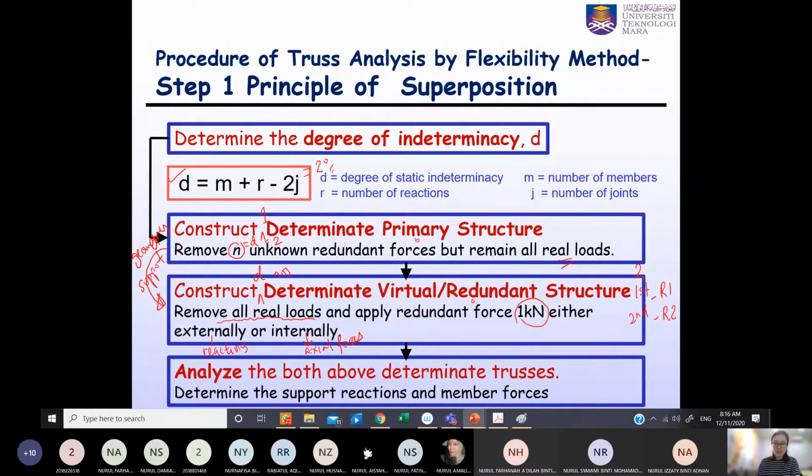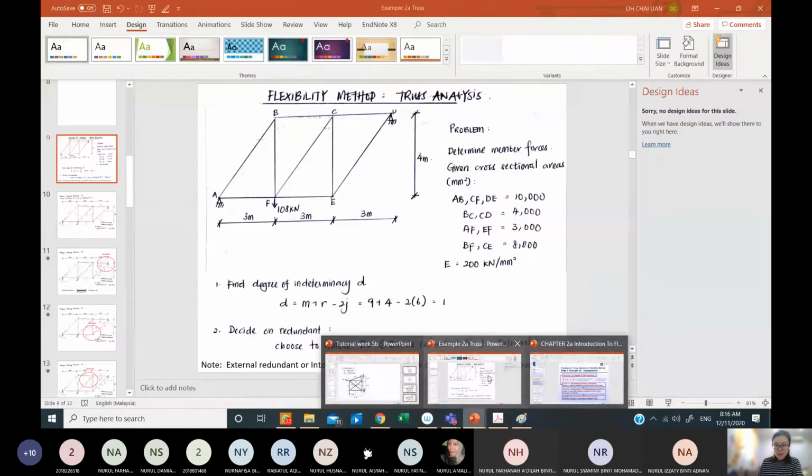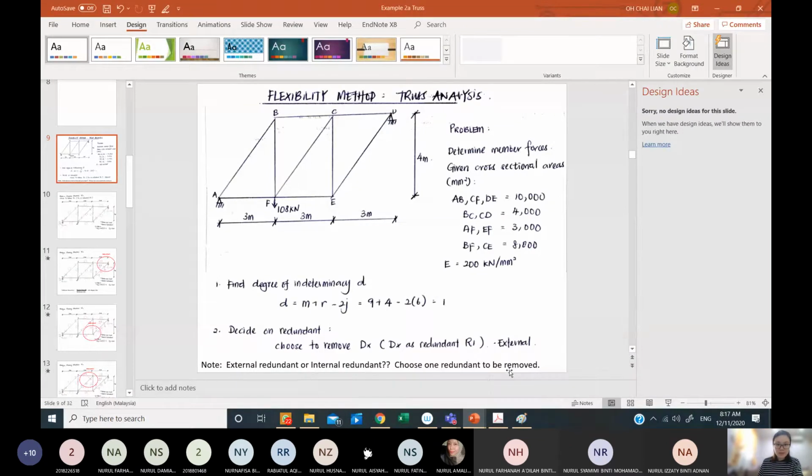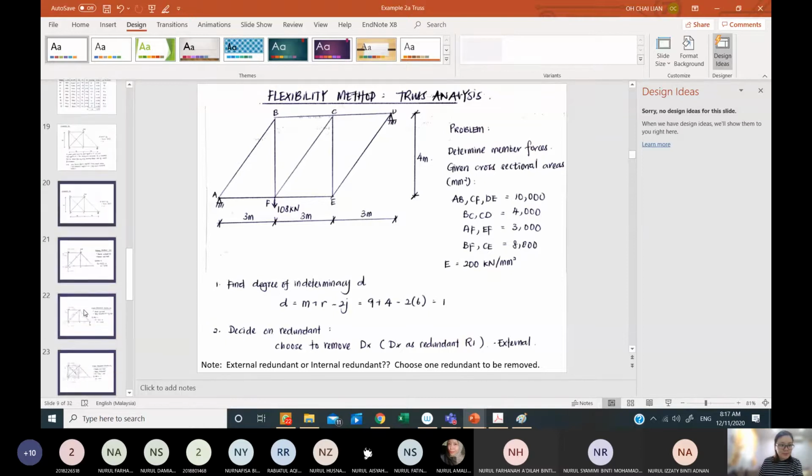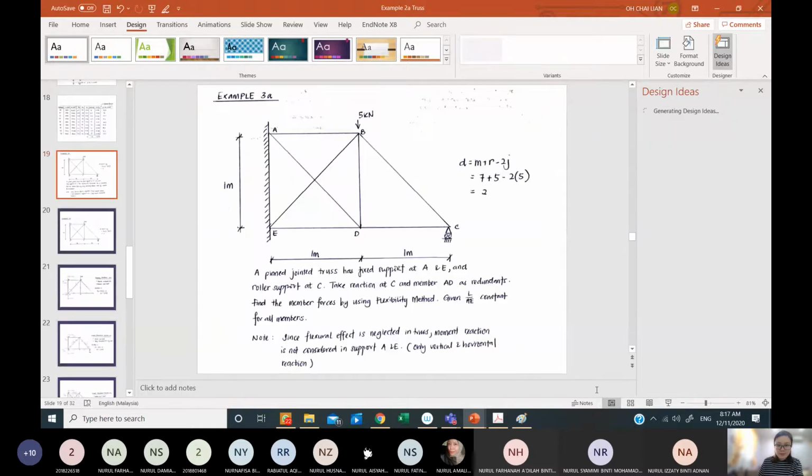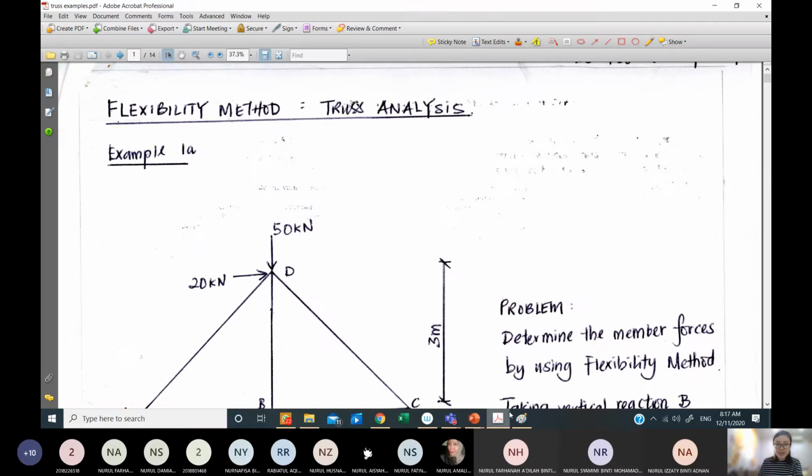So let's go to our example of today and have a look at how to apply these steps in a given problem. I have put this in PowerPoint form, but the detail is actually captured from this PDF file.